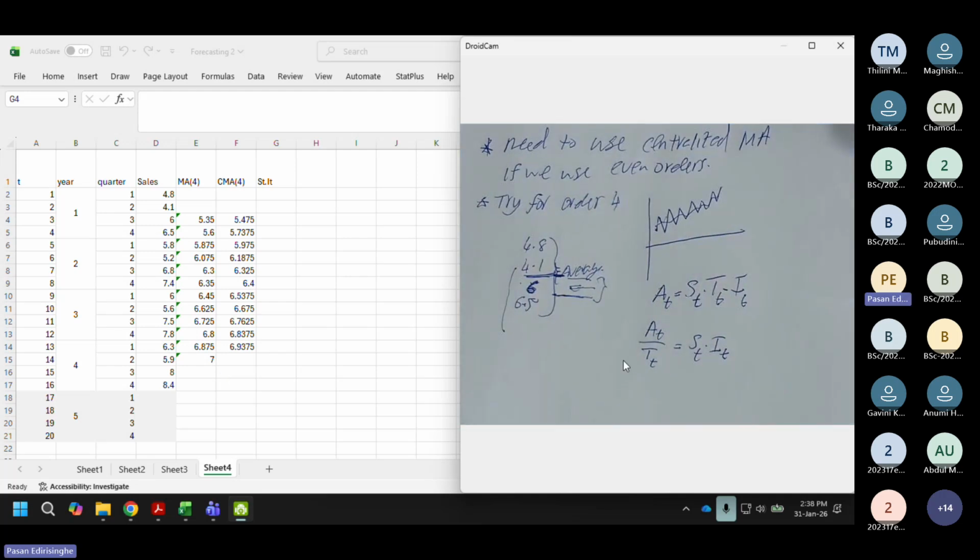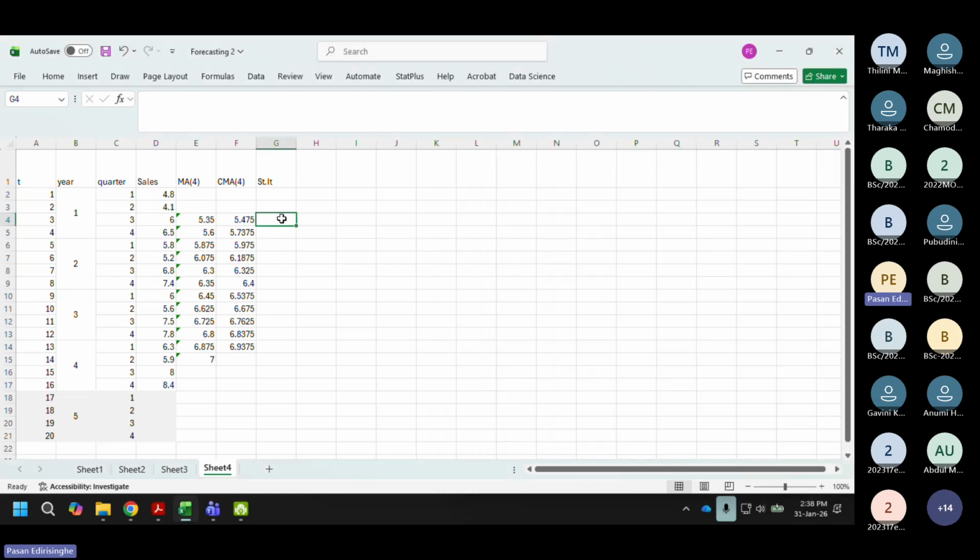So our centralized moving average values, you remove the seasonal pattern, sorry, and then you can remove the trend by dividing by this TF. Whatever numbers we have, we can divide by them.